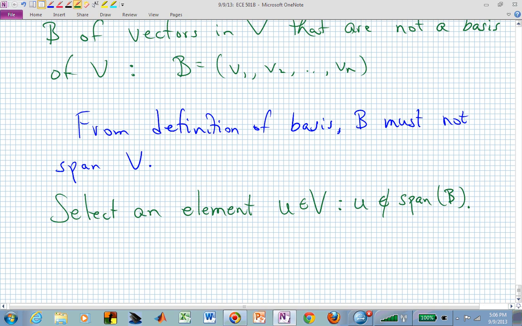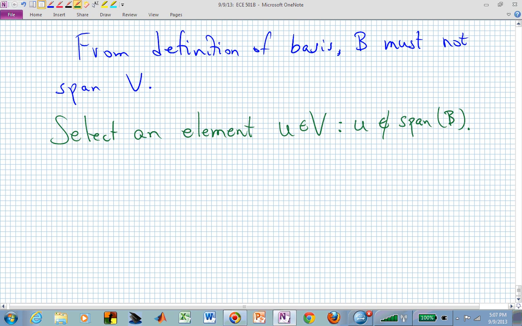So now we go pick an element in the vector space that's not in the span of B, our original set of linearly independent vectors. So if we were dealing with R3, here in very basic terms, and somebody gives you the x-axis and somebody gives you the y-axis, it's pretty easy which vector to pick. We could take the z direction, and that would not be in the span of B. So now let's form a linear combination of u's and v's.